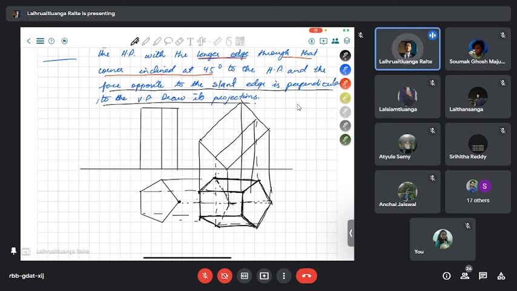You will find out something like this. Okay, the tip part. So this is the part which is going to be the lowest part, so we won't be able to see it from the top view.